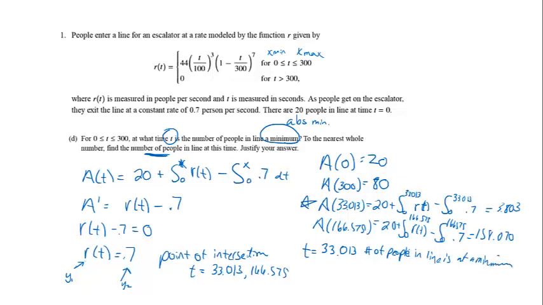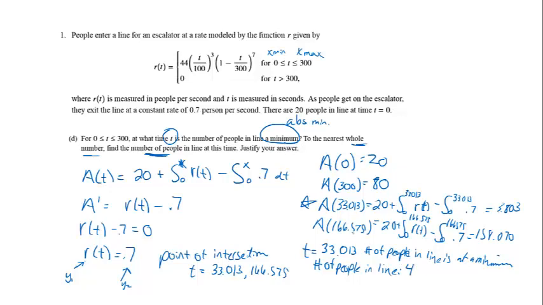And then to the nearest whole number here, find the number of people in line at this time. So the number of people in line, there were 3.803, rounded to the nearest whole number would be 4.